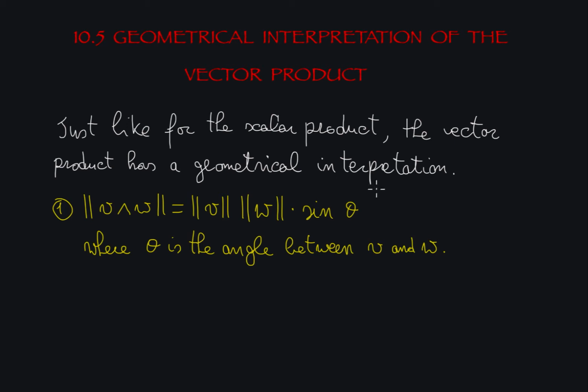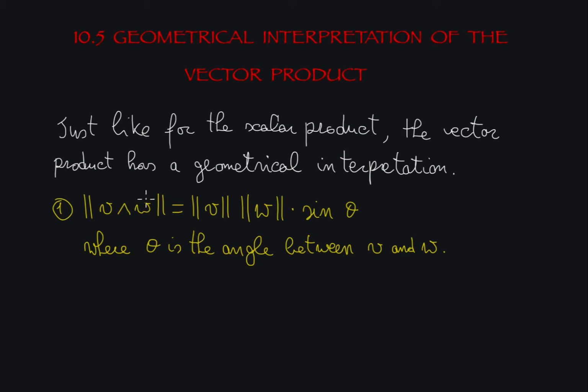Now this formula is somehow similar to the one we have seen for the scalar product, where theta is the angle between v and w. Remember that for the scalar product we were already obtaining a number, whereas here v vector w is a vector.